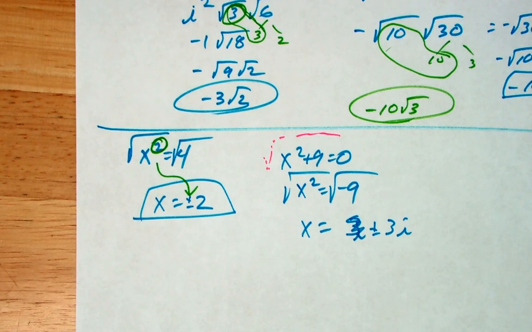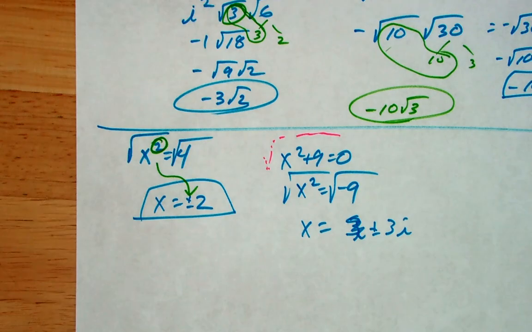Last class, somebody said, there's no way that works, Rexroad. You're wrong. And I said, well, let's check it out. 3i, I took it, squared it, and I got negative 9. Negative 3i, I squared it, and I still got negative 9. They both work.